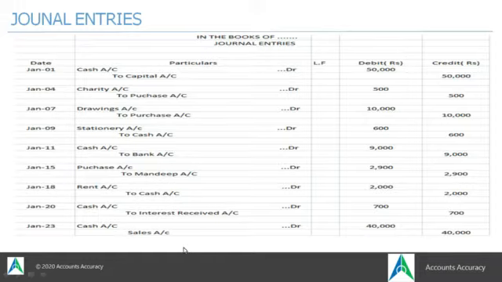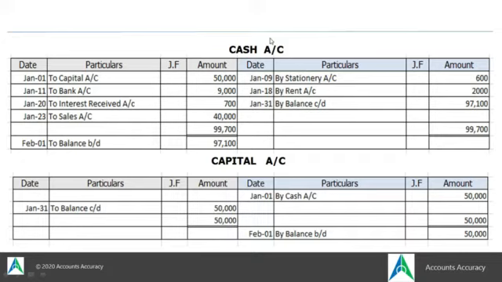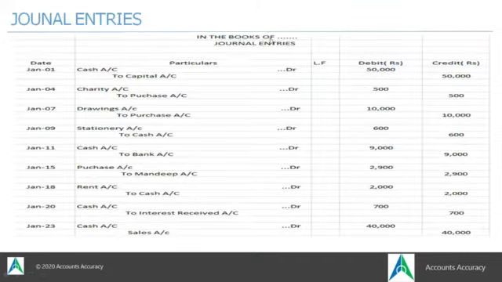Now as I told you, there are these accounts; I did not count purchase, which is repeated. I just counted those which are not repeated. So cash is also repeated in these journal entries. So we will take just one cash account for all the cash, and just one purchase account for all the purchases.